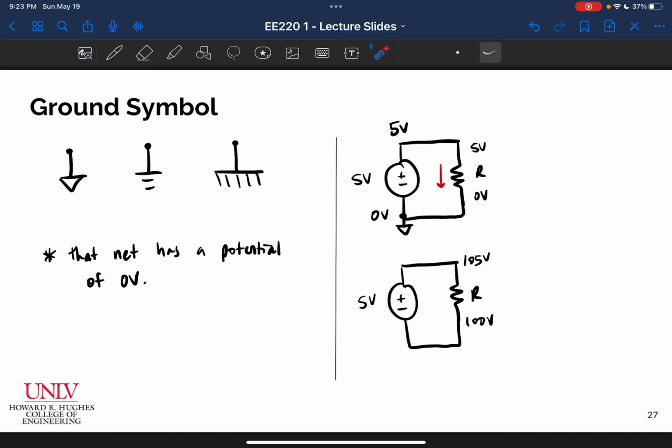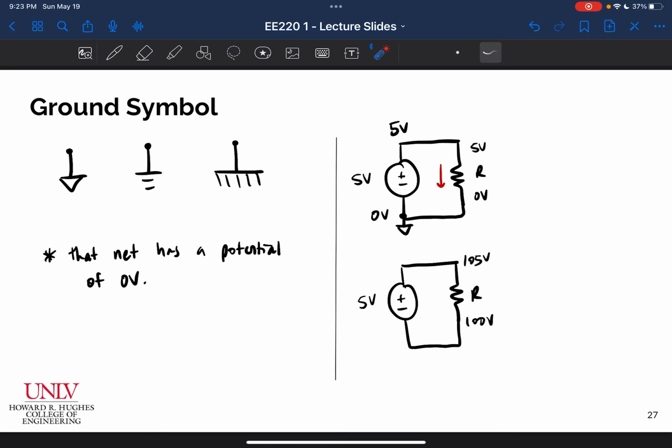Okay, if I don't have a ground symbol there, all I know is that this terminal is 5 volts higher than this terminal. There's an infinite number of solutions there, right? So it's going to be important moving forward as we solve circuits to note that the node where I attach this ground symbol is the node where the voltage is 0, okay? So keep that in mind as we move forward.